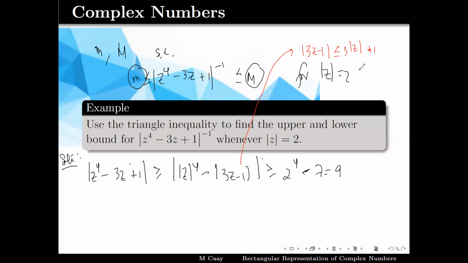Now my modulus of z is equal to 2, so I can write 3 times 2 plus 1, so I have 7. So 7 is always greater than this. If I subtract 7 here, this thing is always less than this, and therefore this is greater than or equal to this.